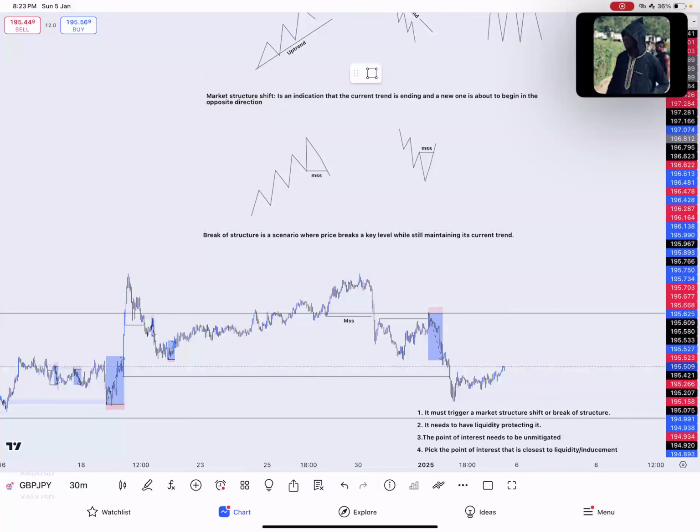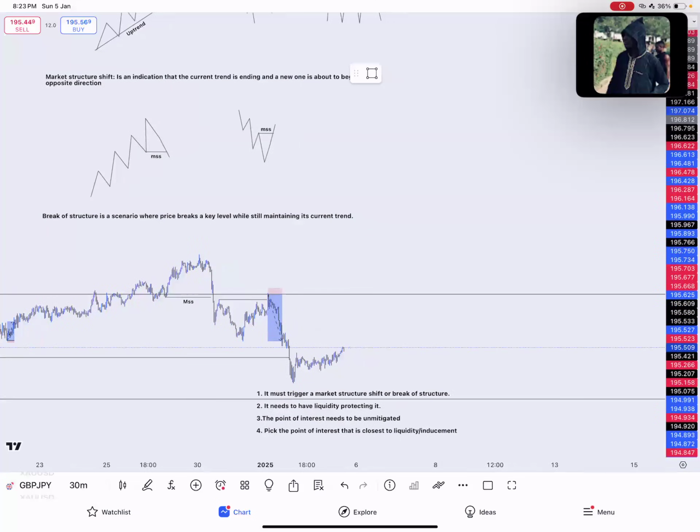So for break of structure, it's a scenario where price breaks a key level while still maintaining its current structure. Now, this is the difference between market structure shift and break of structure.